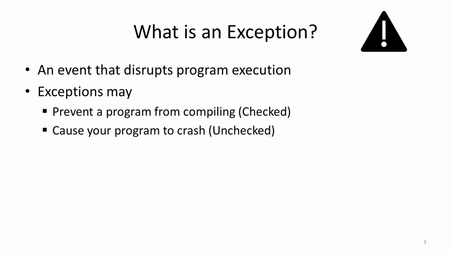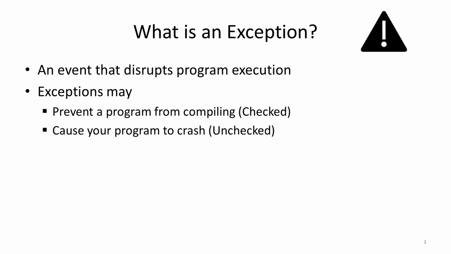So to start, what is an exception? An exception is an event that disrupts program execution. An event meaning something that happens. So an exception is something that happens that disrupts the run of a program. Exceptions may prevent a program from compiling, and those are called checked exceptions.